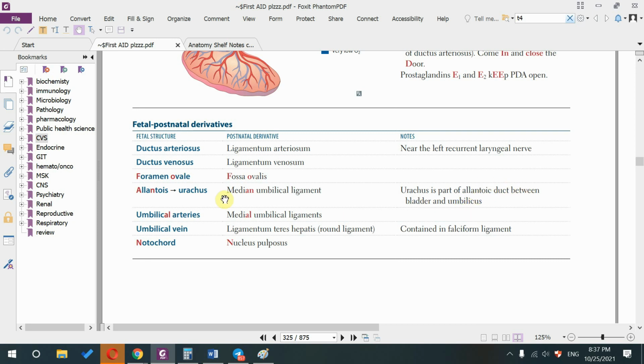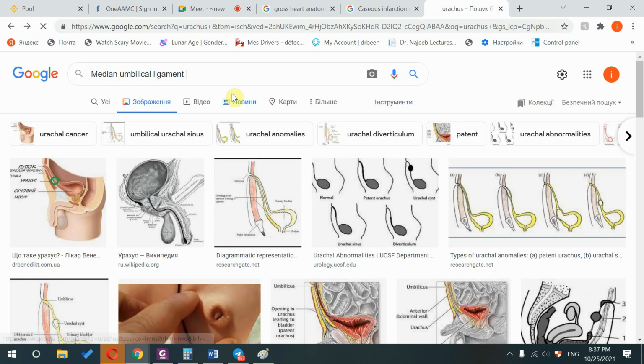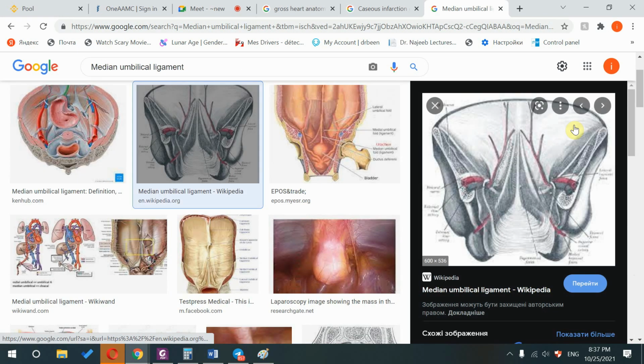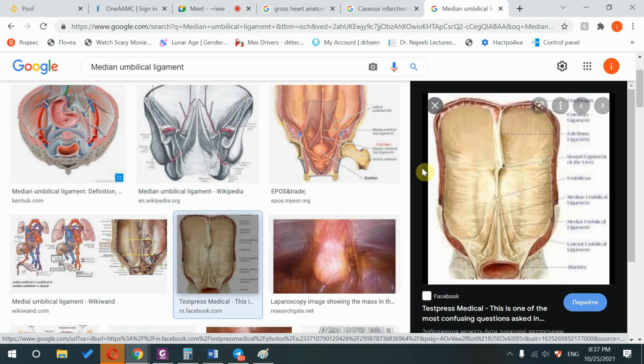Let me tell you a little bit about the median and medial umbilical ligaments. They are super important. You have to be comfortable looking at this picture. A lot of students cannot comprehend what this picture means. Let me first explain what it means, and then show you what is in it.